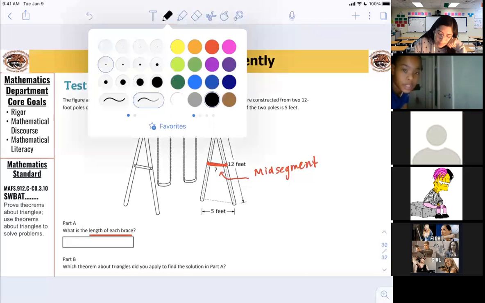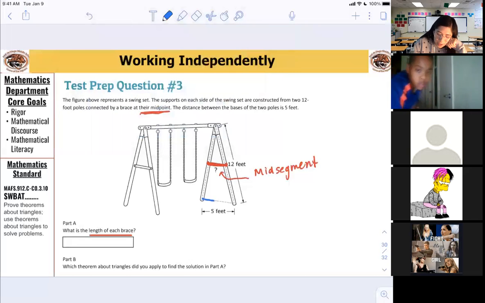Can you say that again, Jalen? 2.5. Because if the bottom is 5, we know the mid-segment is half of 5. Oh, so it's 2.5. And that's because of the mid-segment theorem.